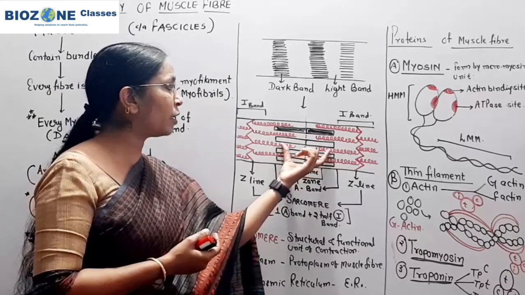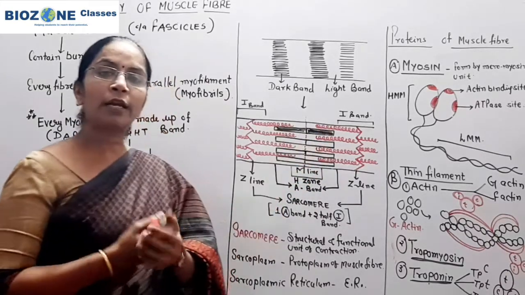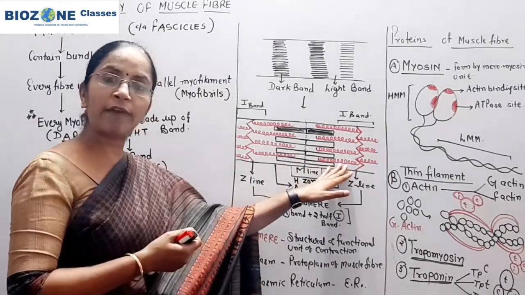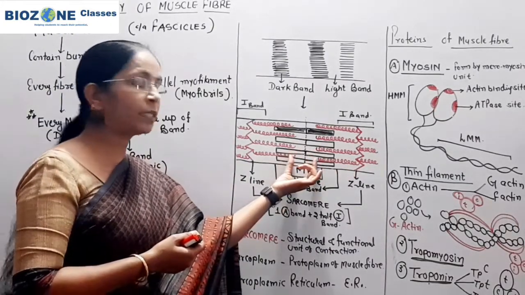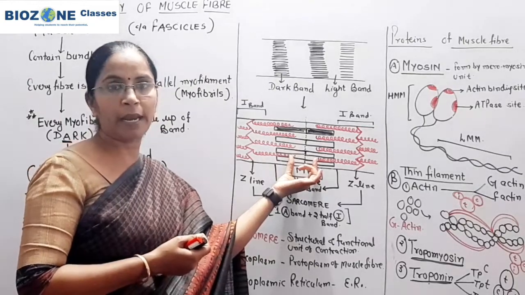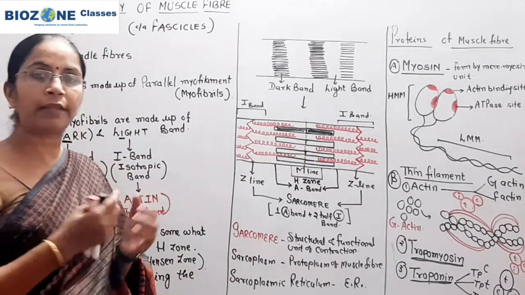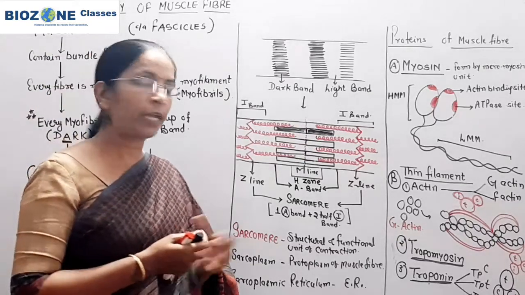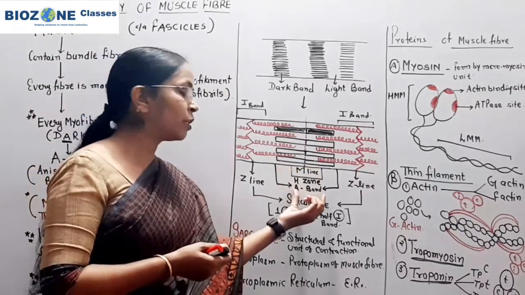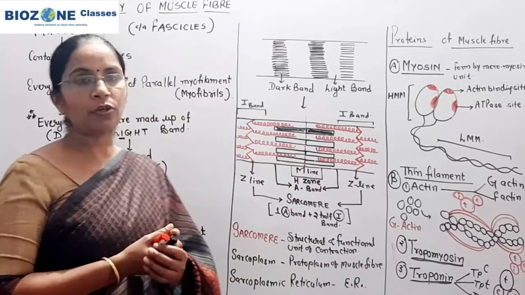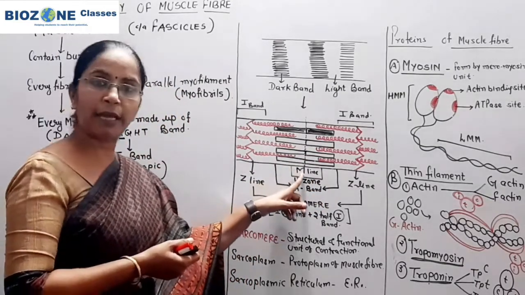The thin red colored filaments are appearing here. The red colored filament shows that the thin filaments of actin are not present in the center of the A band. They are only present at the outer surface of the A band, and because of that the A band shows the H zone, and exactly in the center of the H zone you remember the M line is present.